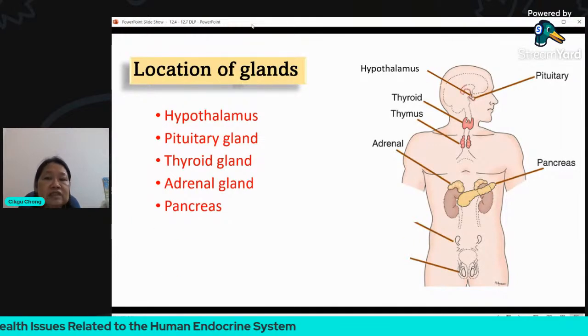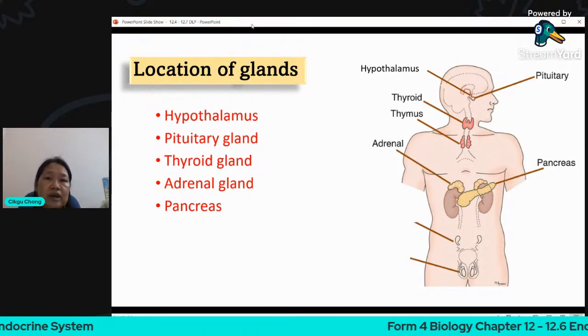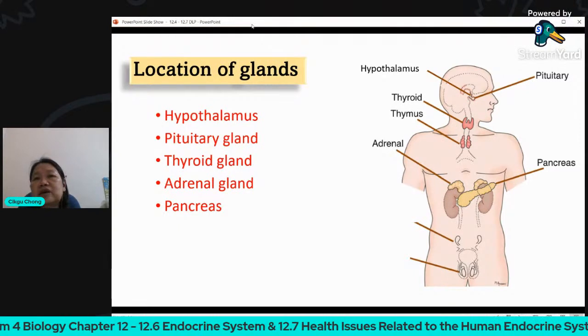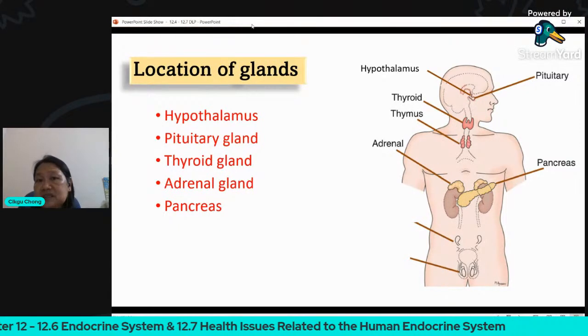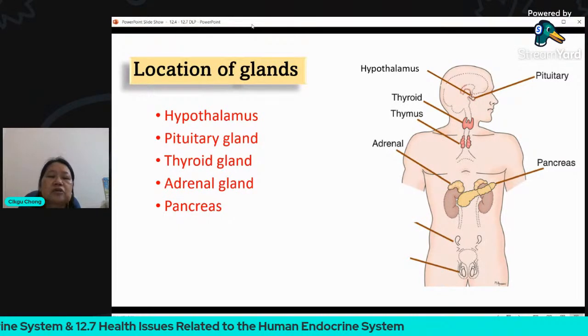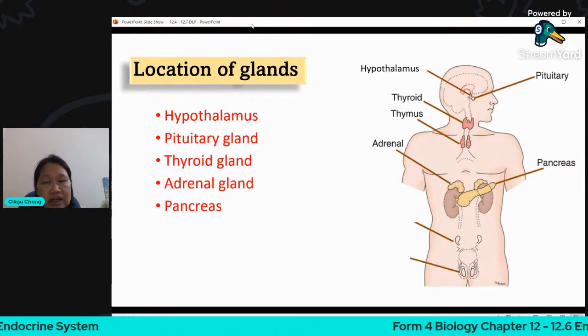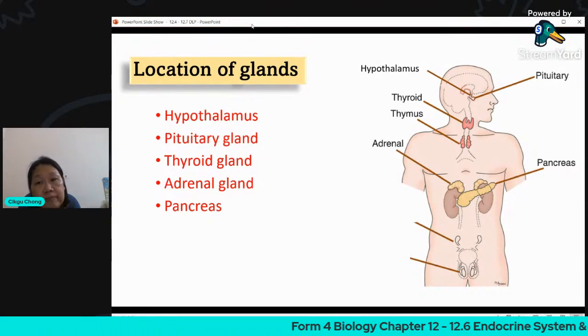Pancreas, you have seen in our digestive system earlier in chapter 9, where it releases enzymes. They have pancreatic amylase, trypsin, and also lipase. So these are the three enzymes which come from the pancreas.